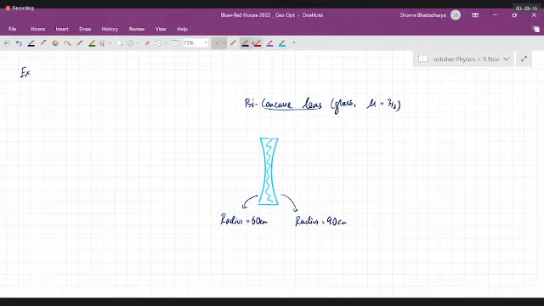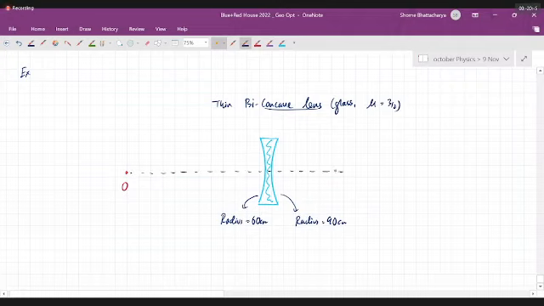And what we are doing is keeping a point object here, and because it's a thin lens, we will consider the midpoint of the two individual poles as the lens's pole.